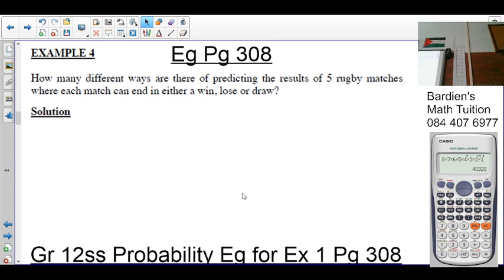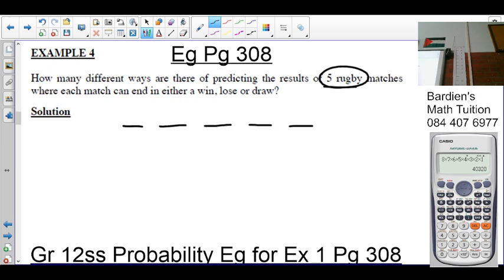So how many bits do you think I'm going to draw here? There are 5 rugby matches, so it's going to be 5 bits. How many outcomes are there for the first game? 3. Win, lose, or draw.